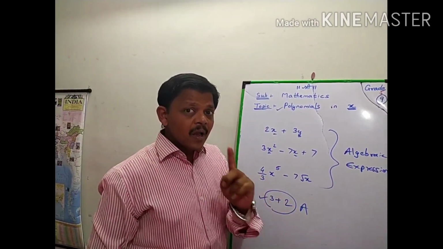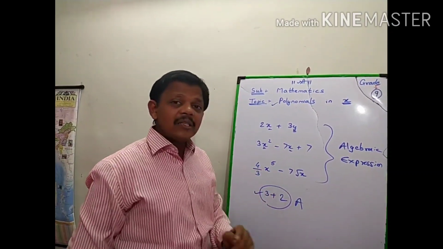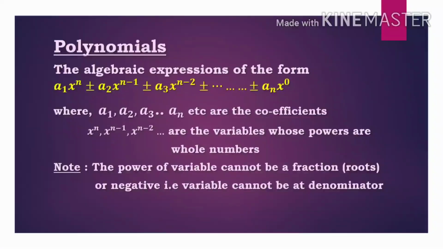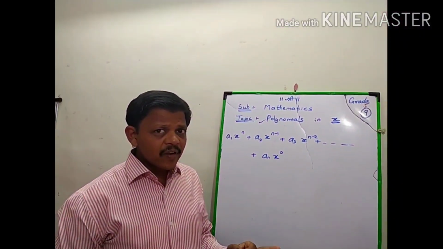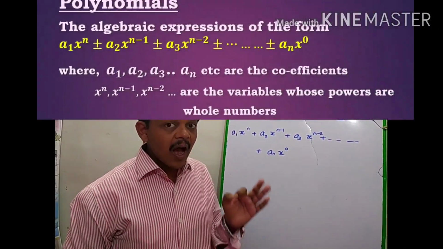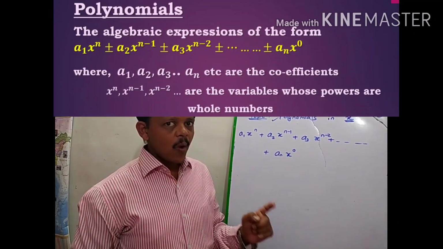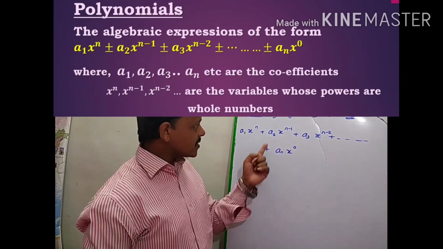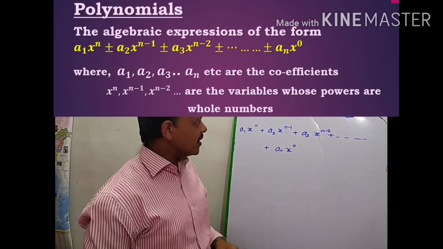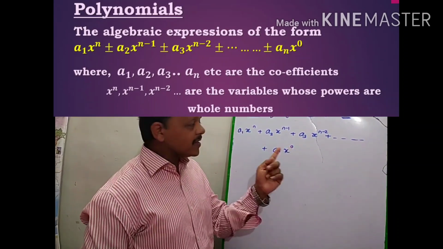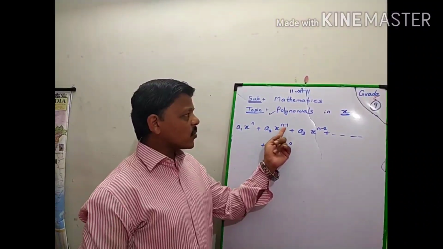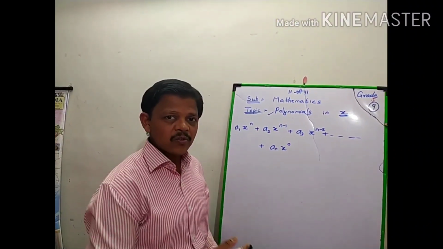But what are polynomials? Polynomials are special types of algebraic expressions. Which type? That we are going to see. So what you can see right now on your screen is also the definition. Let me say the definition. Polynomials are those algebraic expressions which can be written in the form a1 into x raised to n plus a2 into x raised to n minus 1. See, a1, a2, a3 go on increasing, the power of x goes on decreasing. x raised to n, x raised to n minus 1, x raised to n minus 2, and so on.